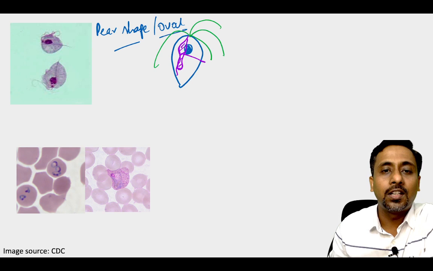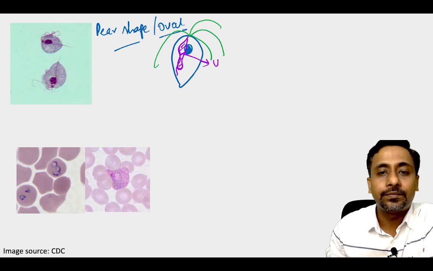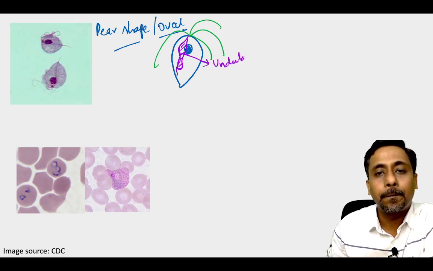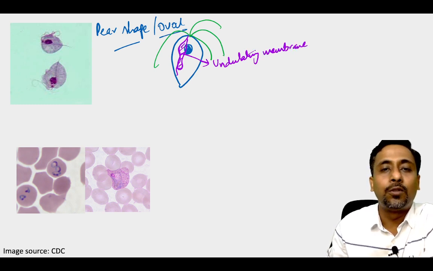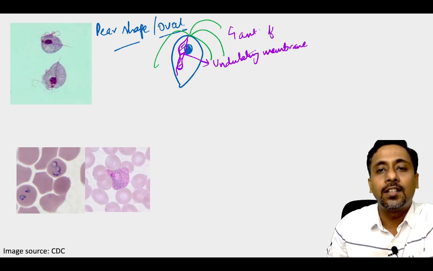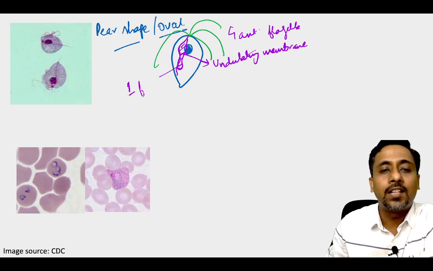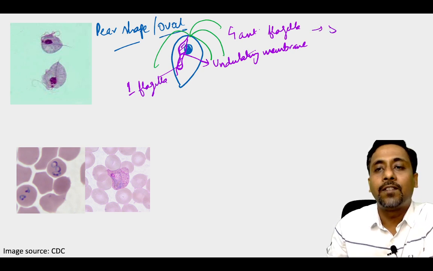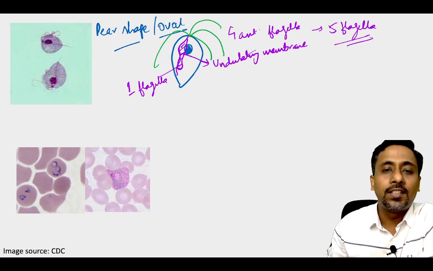So this is the undulating membrane, and these are the four anterior flagella and one flagella along the undulating membrane. So they have got a total of 5 flagella. Okay, what else?